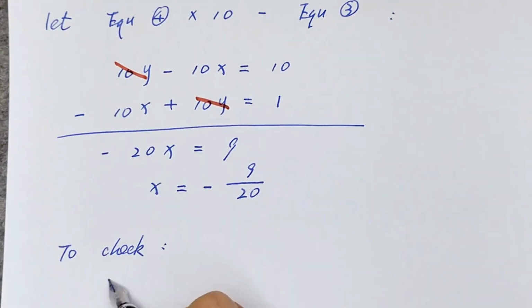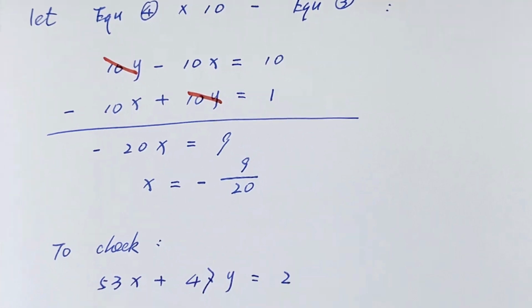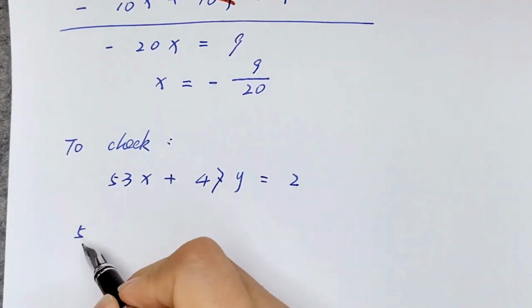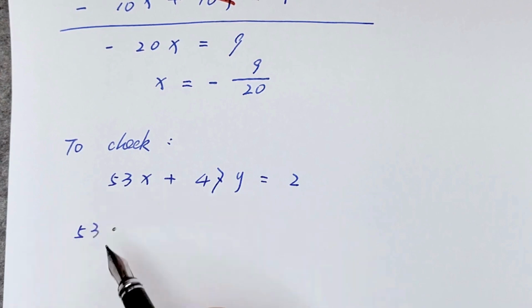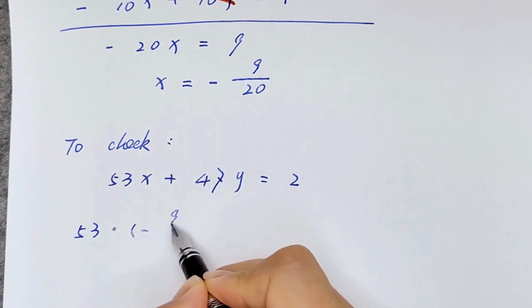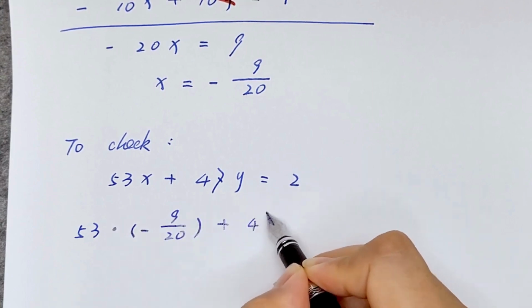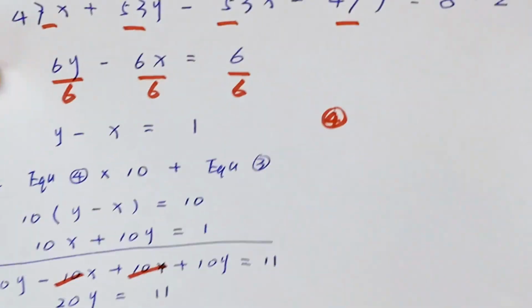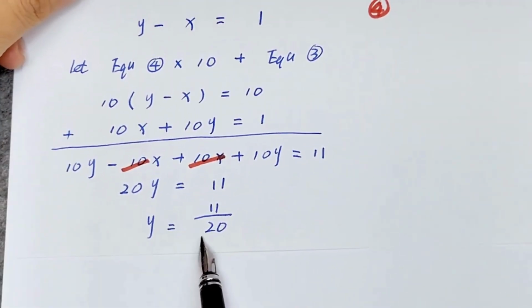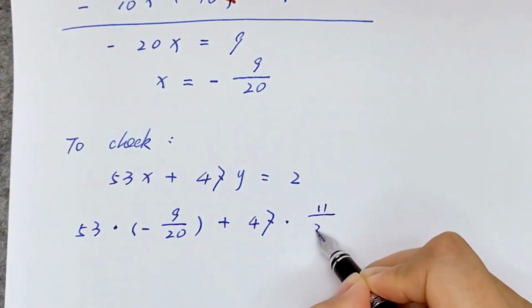Now to check, 53x plus 47y is equal to 2. It will be 53 times x equals negative 9 over 20 bracket plus 47 times y equals 11 over 20.